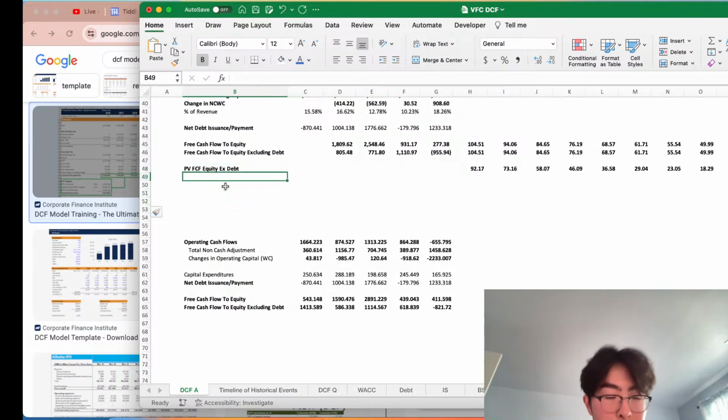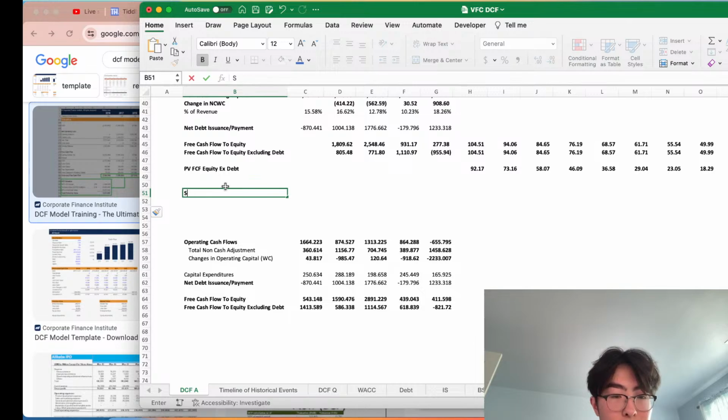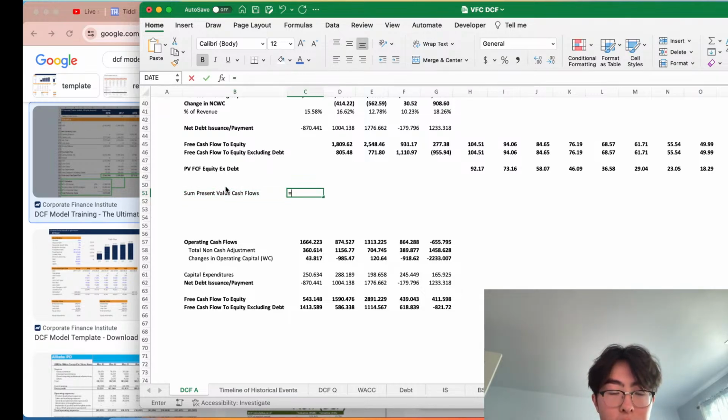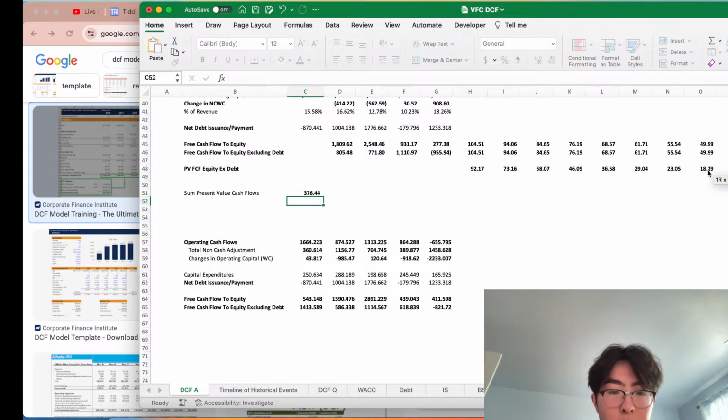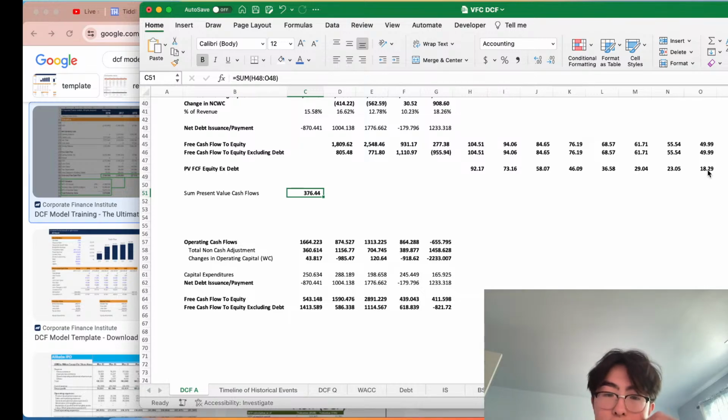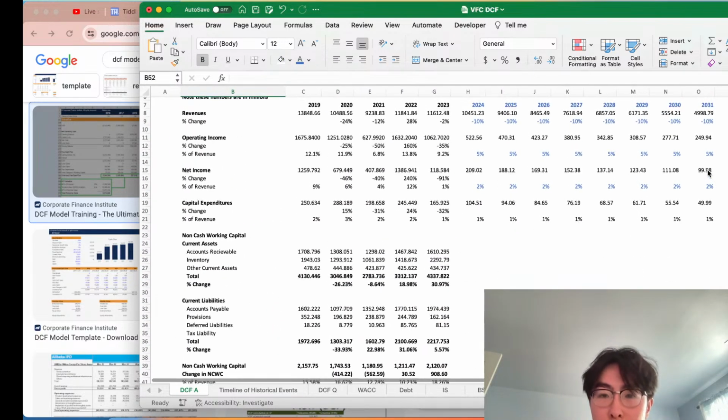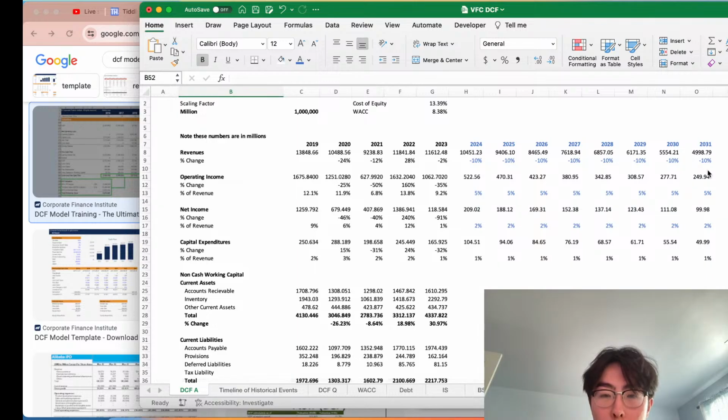Inserts. Okay, so now we have some present value cash flows. Sum, and just 76 million. It's 10%.